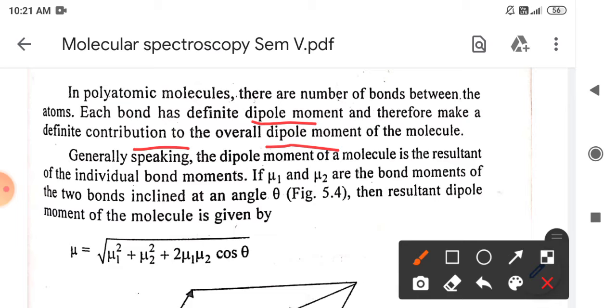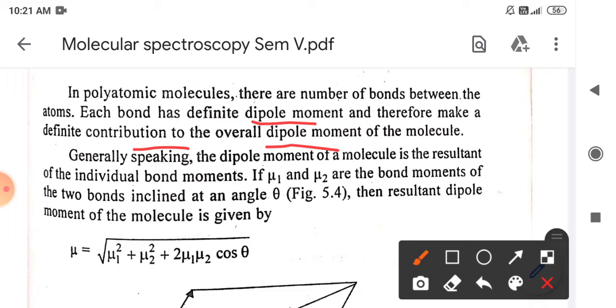So we first consider the bond moments, and based upon these bond moments we can find the dipole moment of a molecule by knowing the angle between the two bonds, simply because the bond angle is known to us. Based upon that we can calculate the dipole moment of the overall molecule.